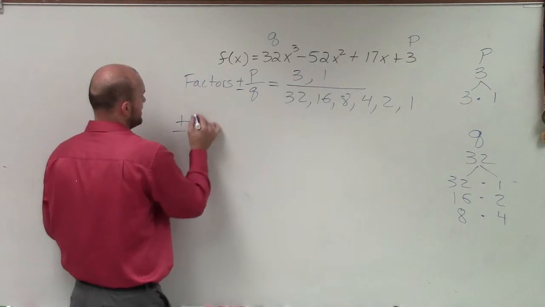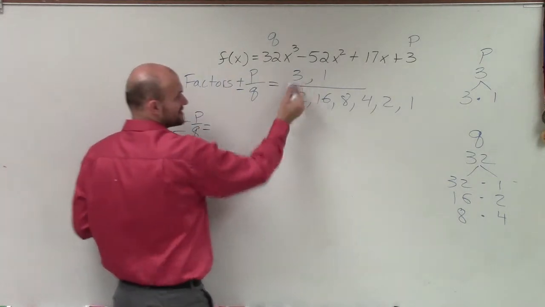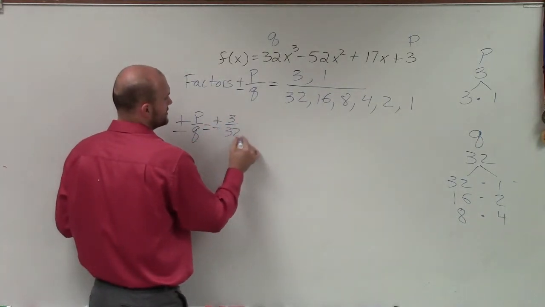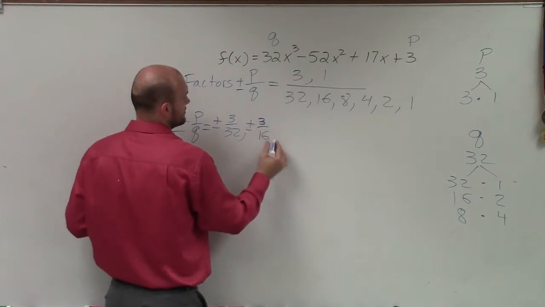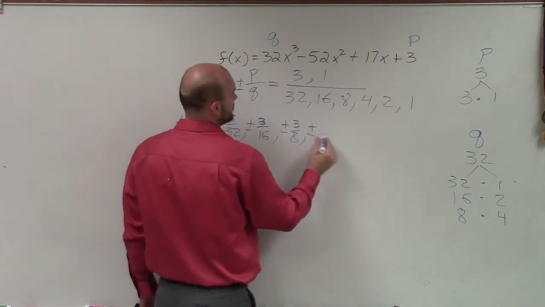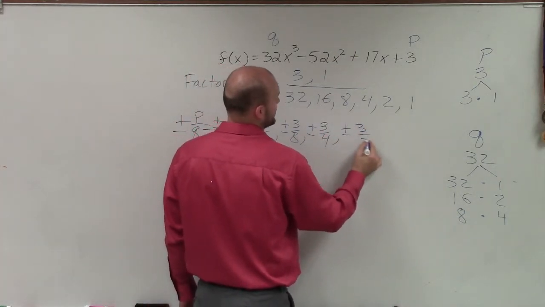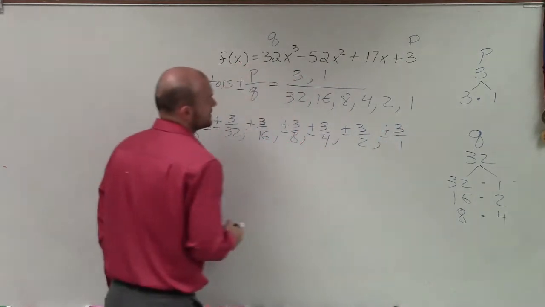So if I do plus or minus p over q equals, now I just go down the list. You could do plus or minus 3 over 32, plus or minus 3 over 16, plus or minus 3 over 8, plus or minus 3 over 4, plus or minus 3 over 2, plus or minus 3 over 1.